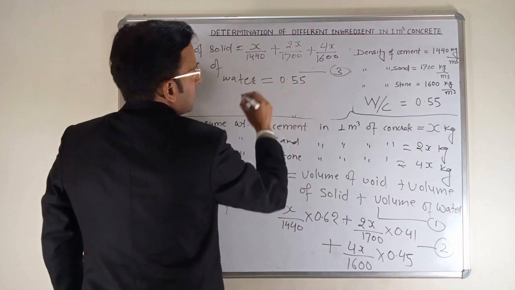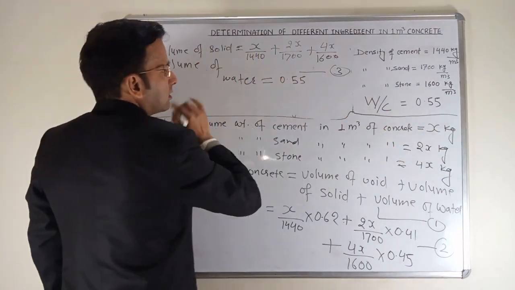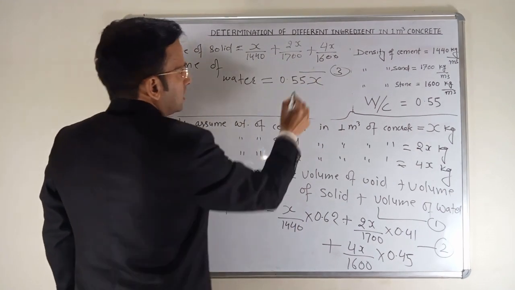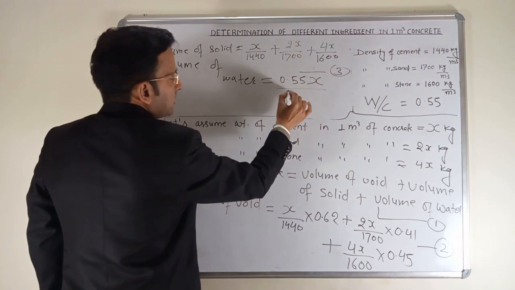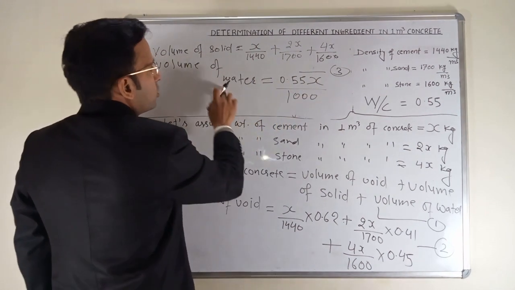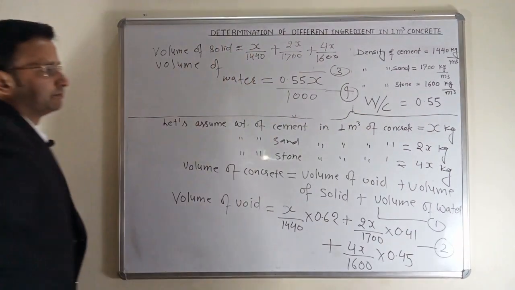The weight of cement is x kg, which we have considered. So this is weight of water. If we divide weight of water by the density of water, 1000 kg per meter cube, we will get volume of water. So this becomes equation number 4.